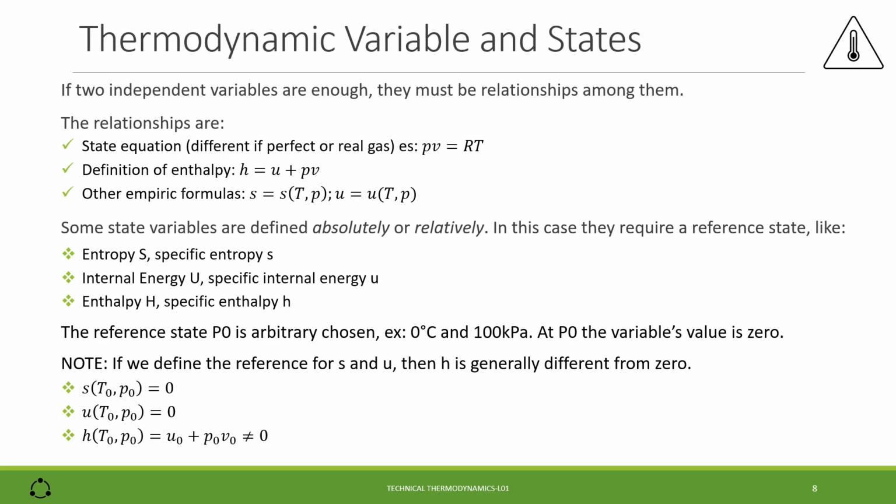That is because the enthalpy is the internal energy plus the pressure times the specific volume, and at the chosen reference conditions the pressure and the volume are not 0, since we remember they are absolutely defined.